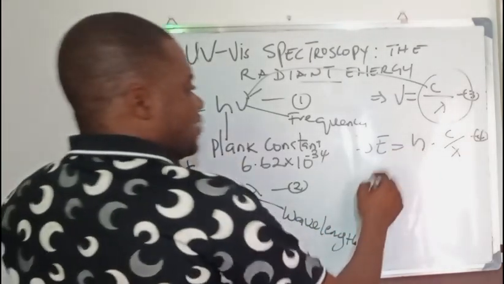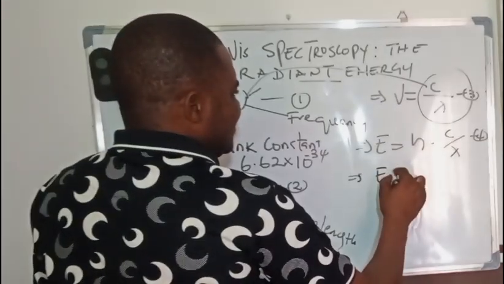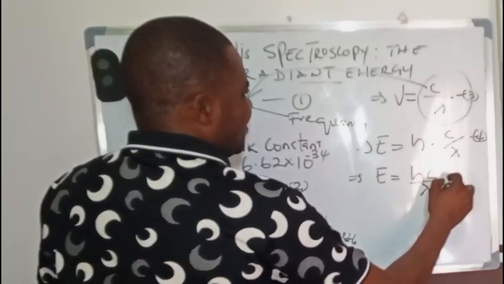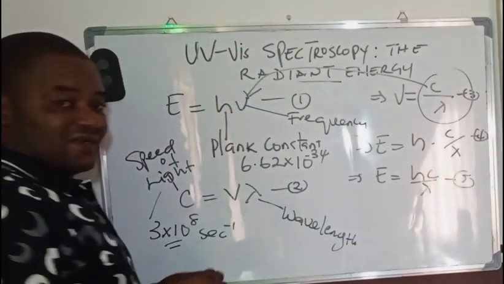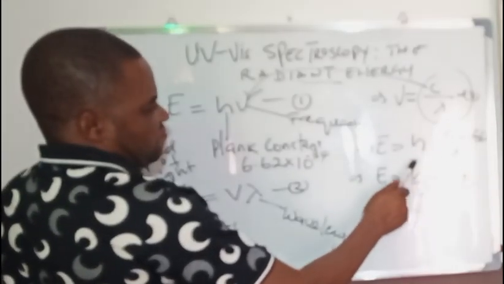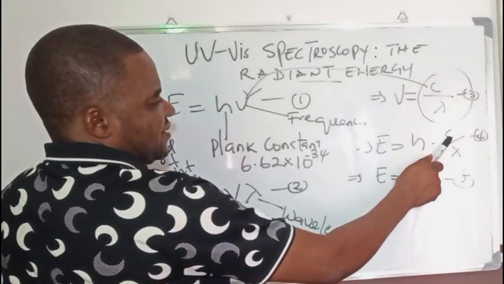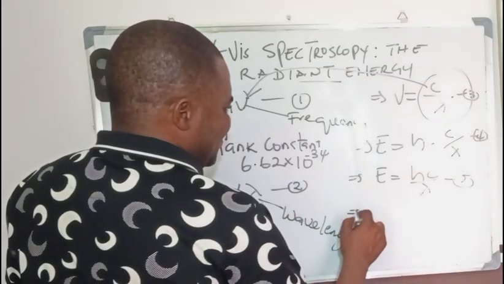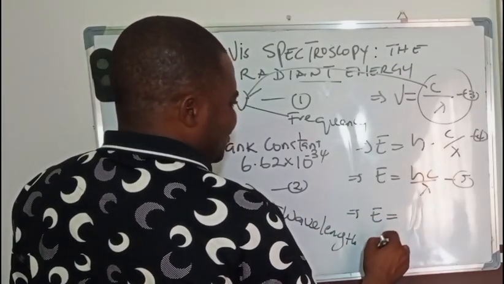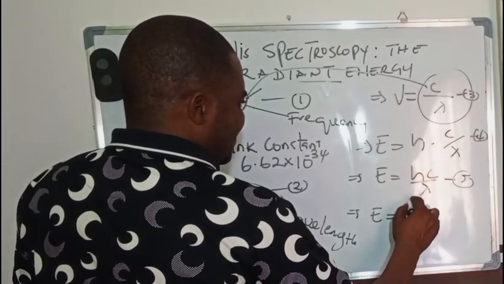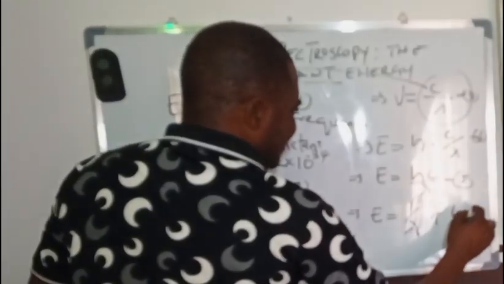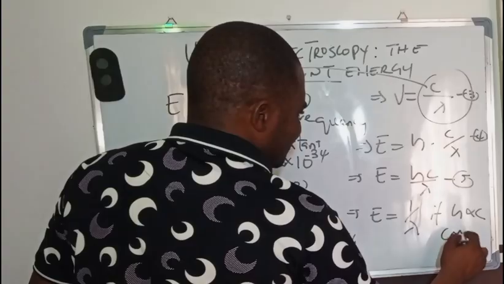This equation can also be written as E is equal to hc over λ. Of course, that is just h times c over λ. And this equation can also be written as E proportional to 1 over λ if we say h and c are constant.